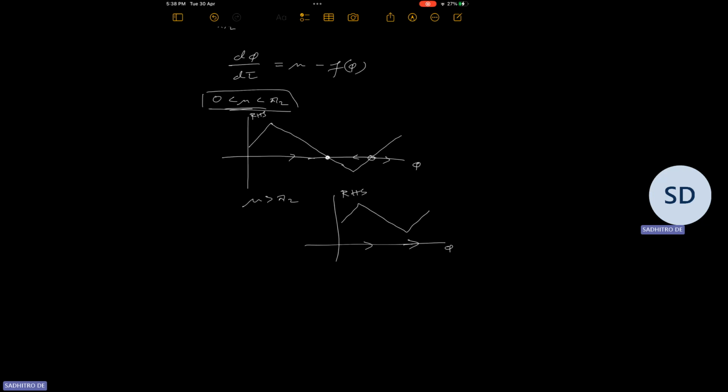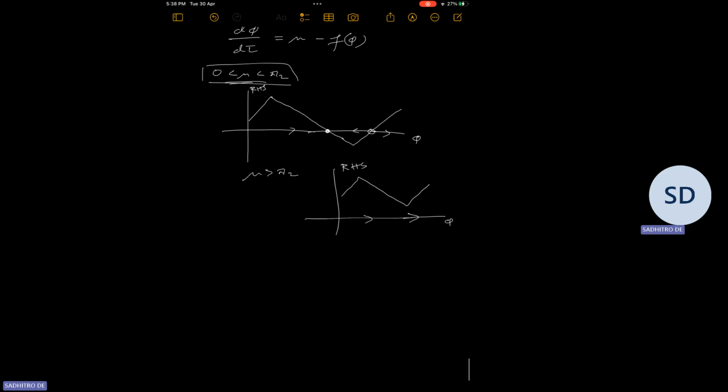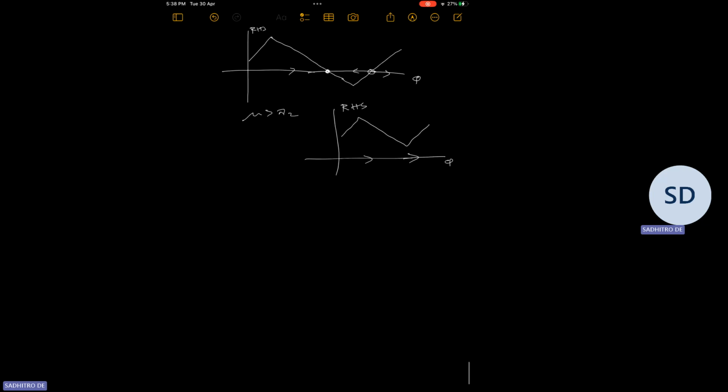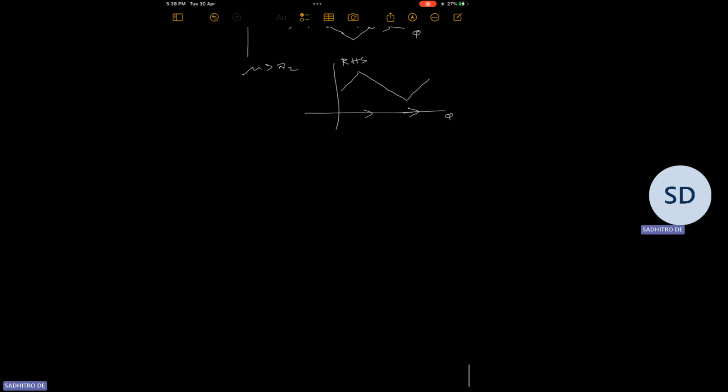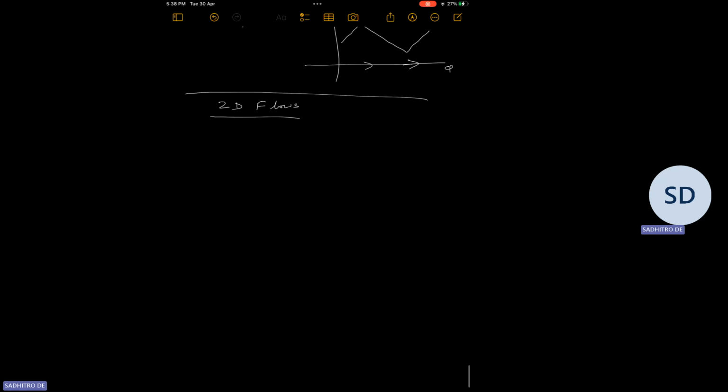But for the moment, we conclude our discussion on one-dimensional systems and flows on circles, and now we move on to 2D flows. So 2D flows are much more complicated than one-dimensional flows because the phase space manifold is no longer one-dimensional, it becomes a two-dimensional manifold.